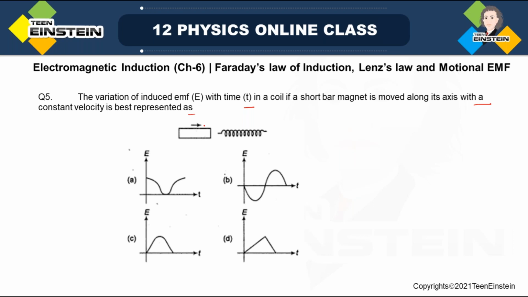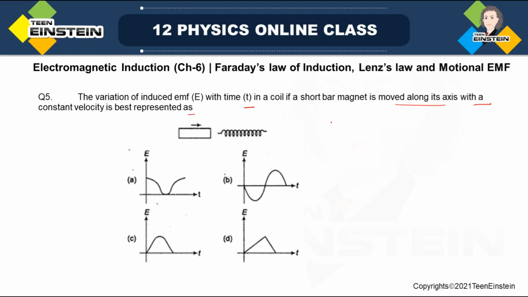The question is the variation of induced EMF with time in a coil if a short bar magnet is moved along its axis with constant velocity. See, I'll tell you what is the problem.